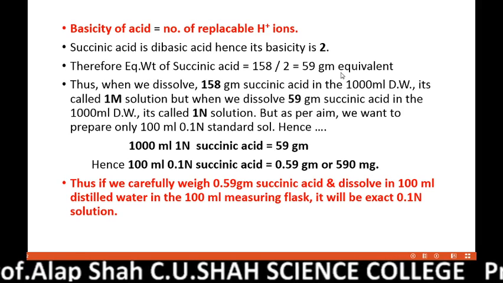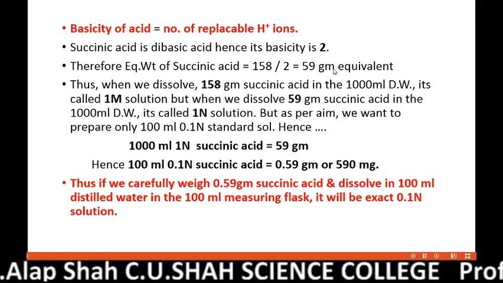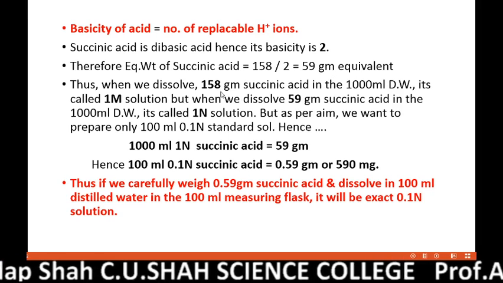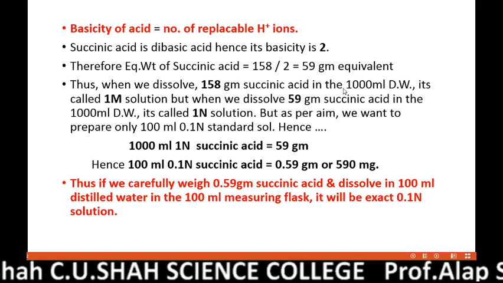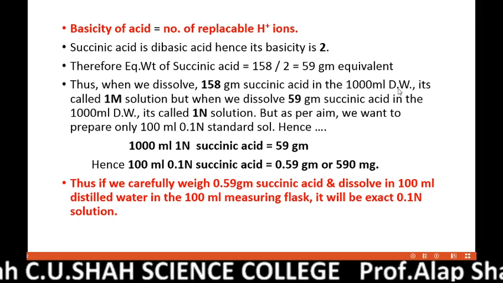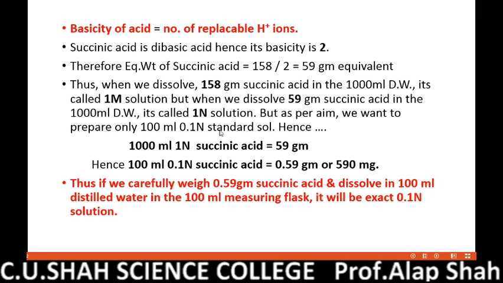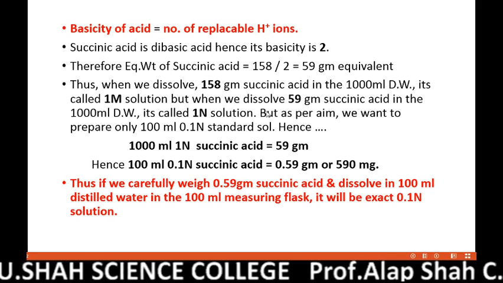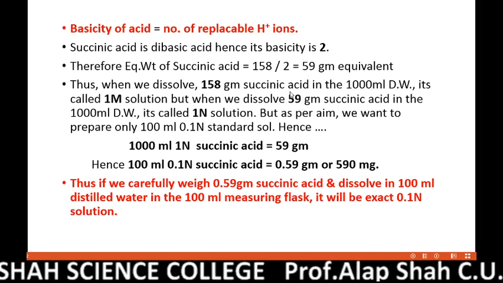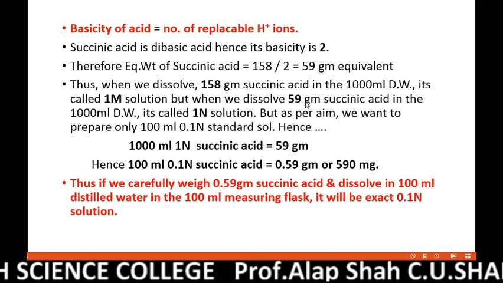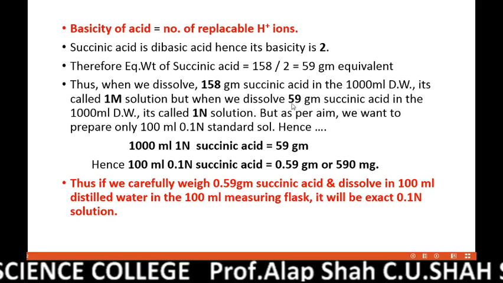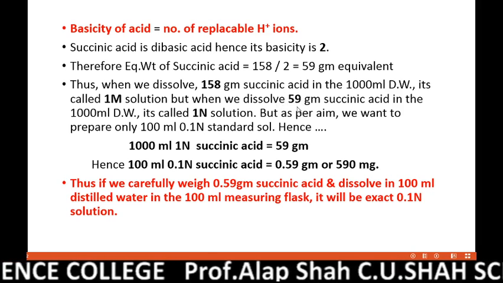It means that if you want to prepare 1 molar solution, you should dissolve 158 gram succinic acid, which is its molecular weight, into 1000 ml solution. But as here we want to prepare a normal solution, the equivalent weight is 59. So we will dissolve 59 gram in a liter if we want to prepare one normal solution.